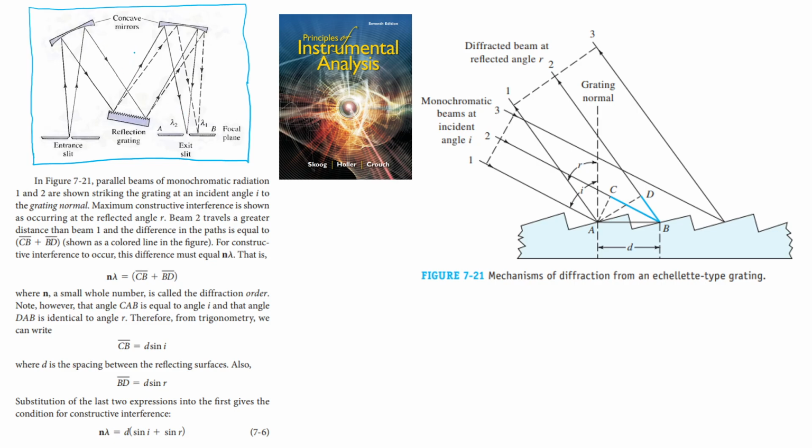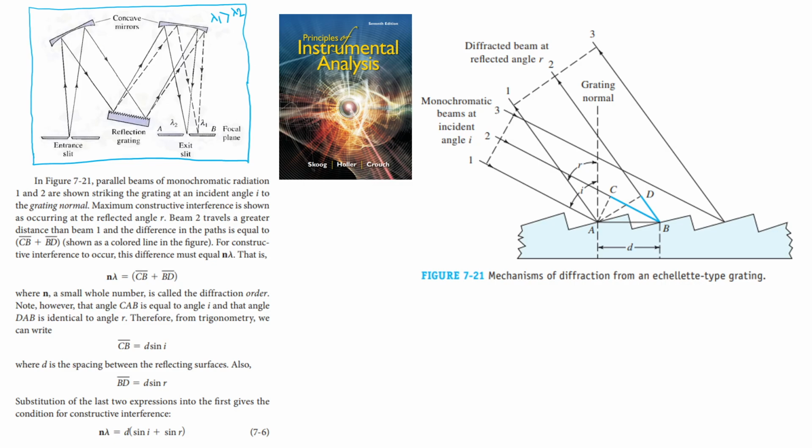Here, let me write lambda 1 greater than lambda 2. The wavelength which is shorter, lambda 2, has a sharper reflection, you can say.